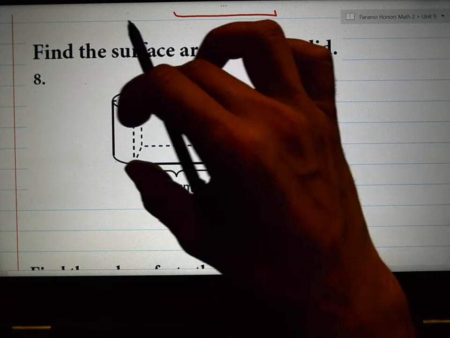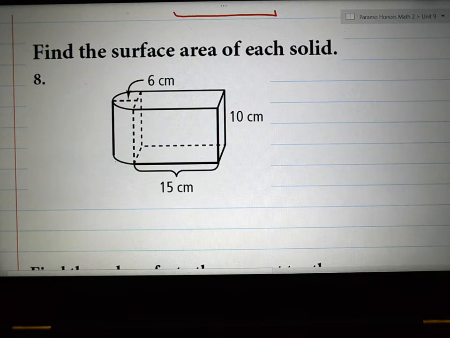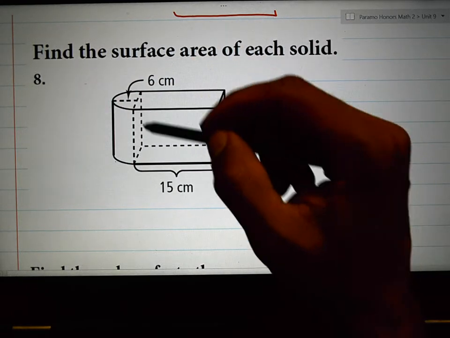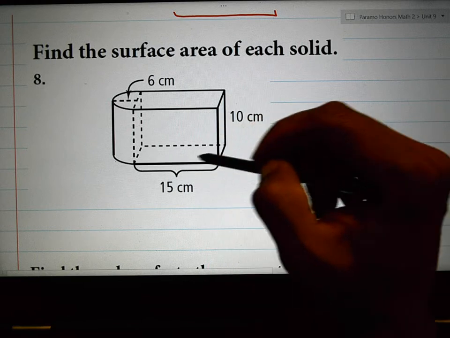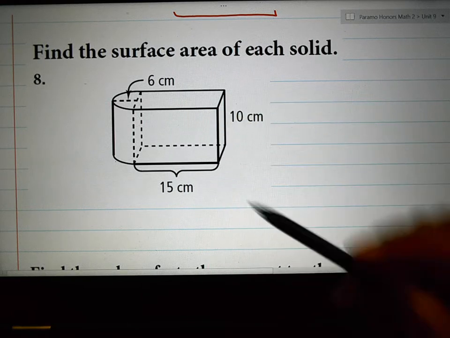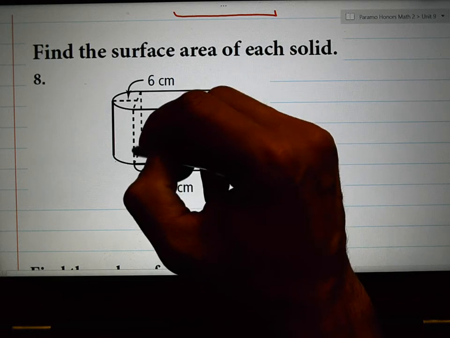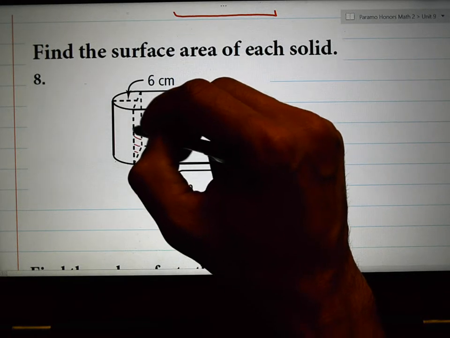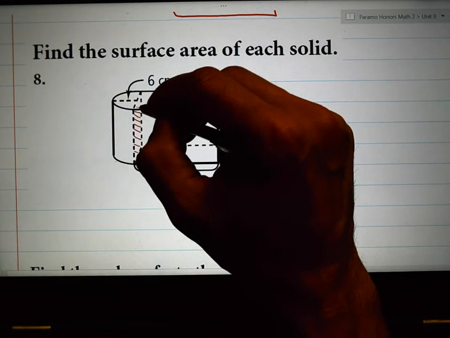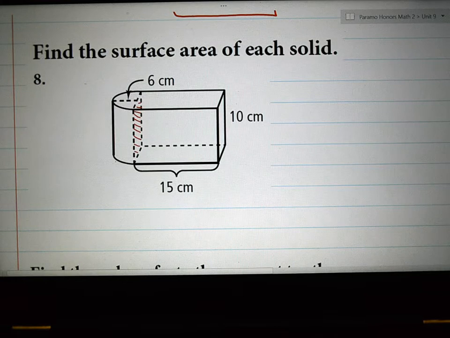I have this rectangular prism over here, but I can't use the rectangular prism surface area because I don't want to count this left side. I want to ignore this part of that rectangular prism.